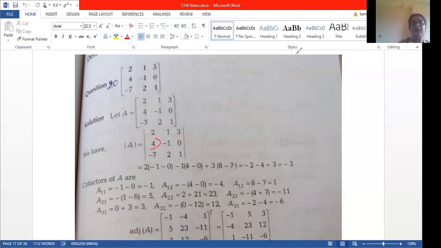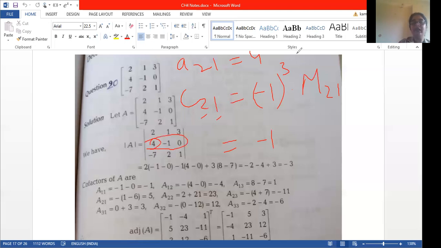Now suppose we are taking this element. What is this element? This element A21 is equal to 4. So C21 will be equal to what? Minus 1 to the power of 2 plus 1, that is equal to minus 1 cubed, times M21. Now M21 is what? This number 4 is lying in which row and which column?